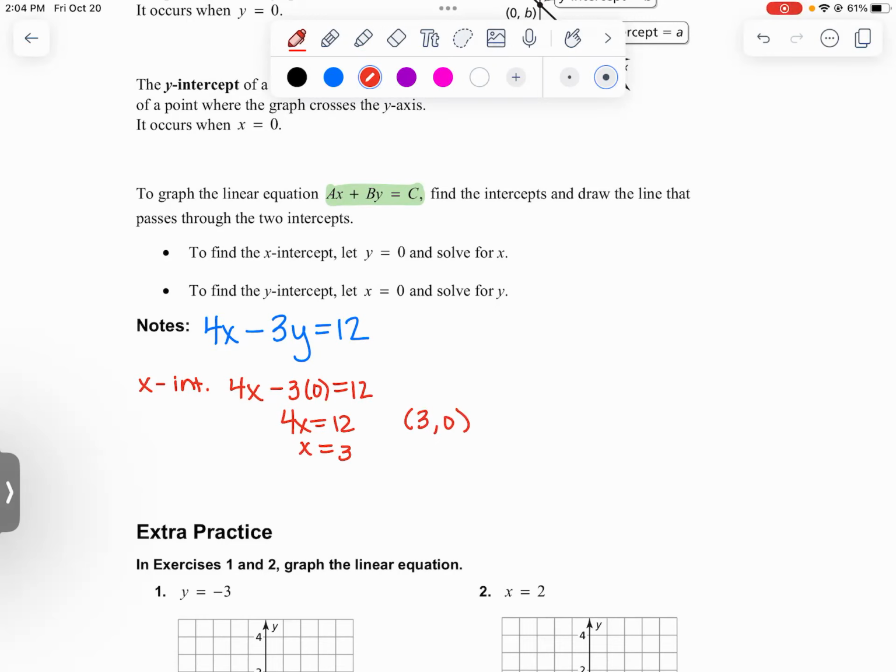Okay. Now let's talk about the y-intercept. If I want the y-intercept, what do we do? We let the x equal 0. So 4 times 0 minus 3y equals 12. Well, what happens? 4 times 0 is 0. And now I have negative 3y equals 12.